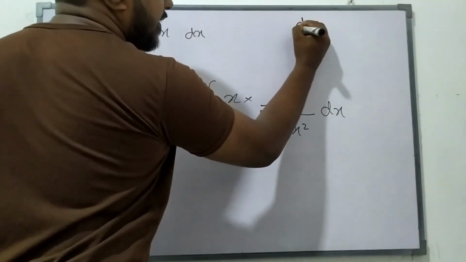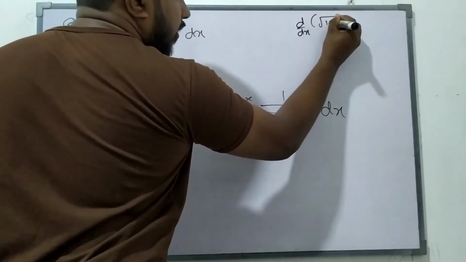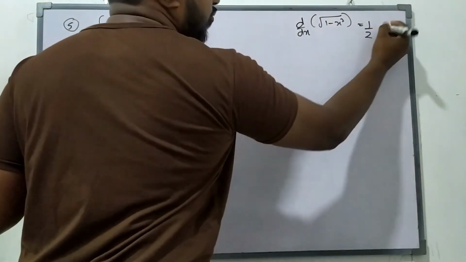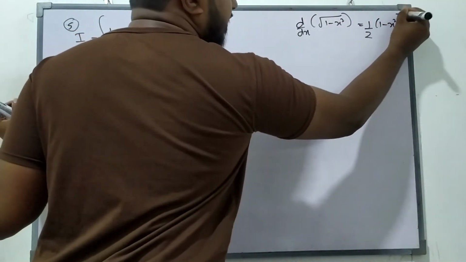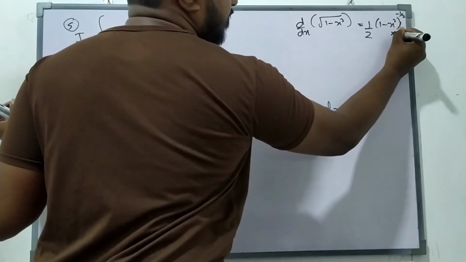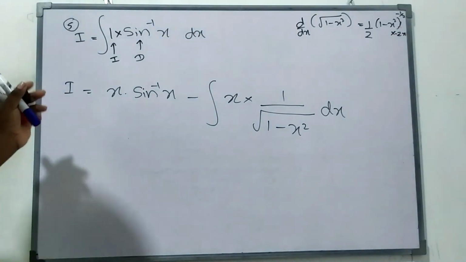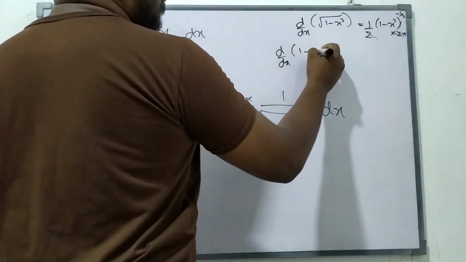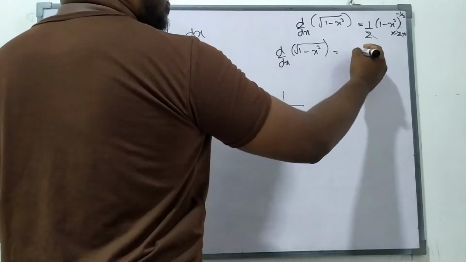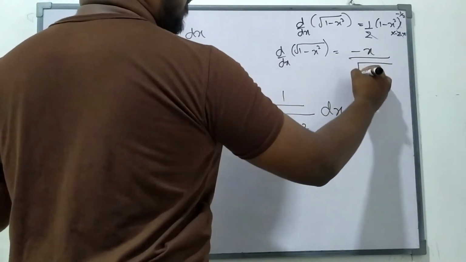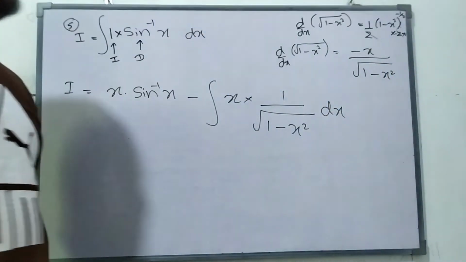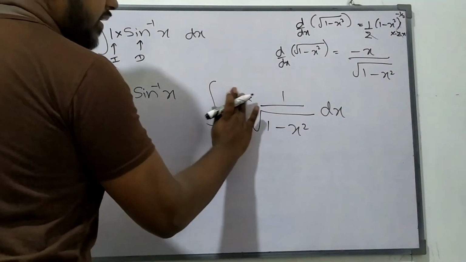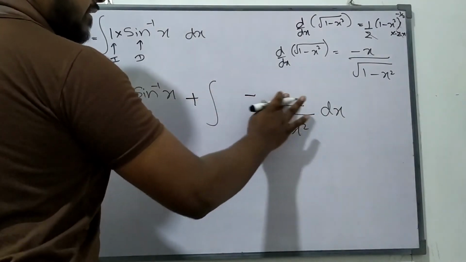So d by dx of square root of 1 minus x squared, its differentiated value is half into 1 over square root of 1 minus x squared, into minus 2x. The 2 cancels. So d by dx of square root of 1 minus x squared is minus x over square root of 1 minus x squared. Right, so over here we have only the minus sign, except the minus sign, minus x.